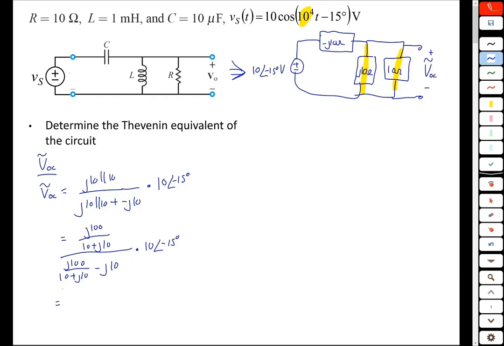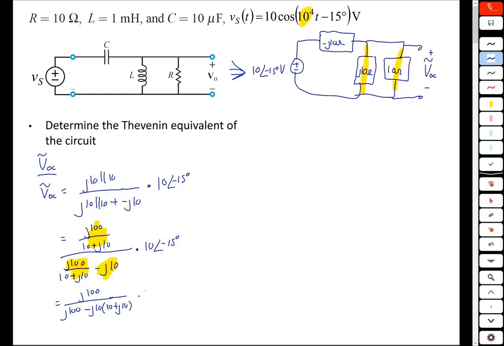If we multiply each of these terms by 10 plus j10, the numerator is just j100, this term is just j100, and this third term is minus j10 times 10 plus j10.